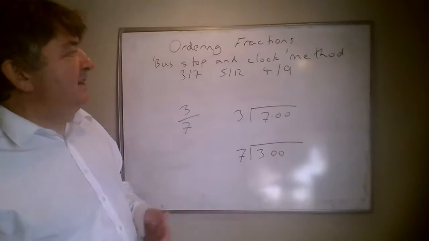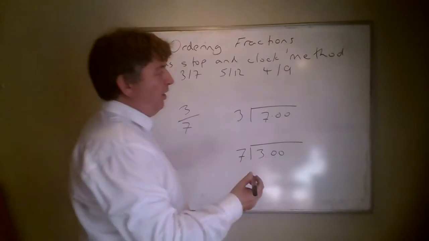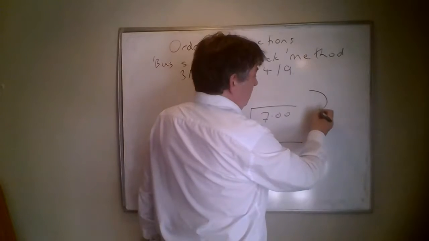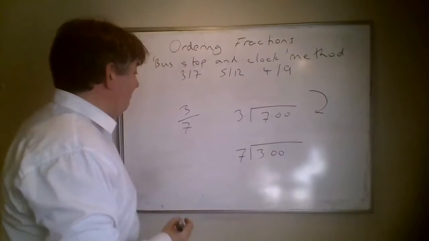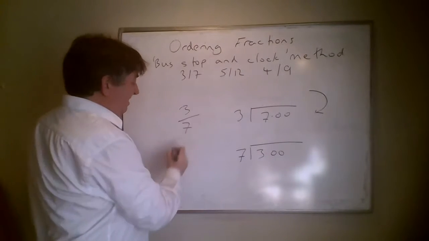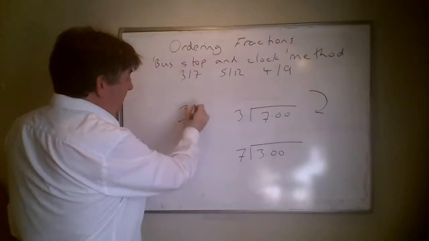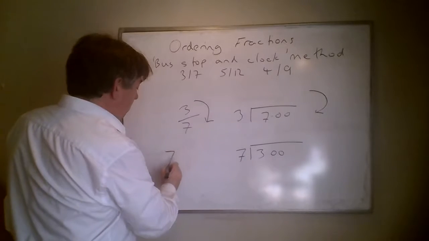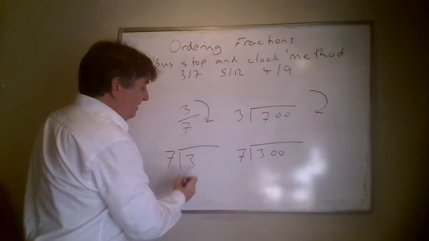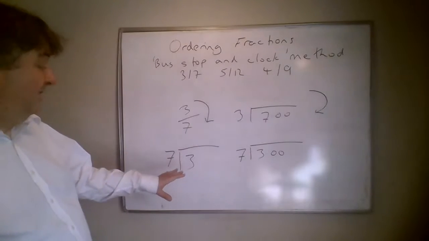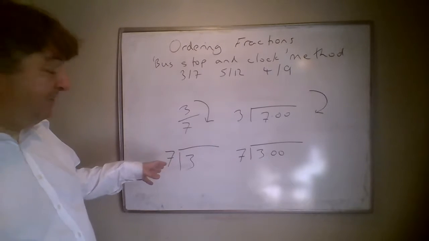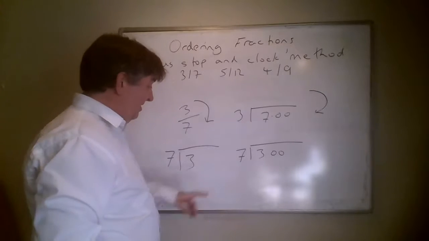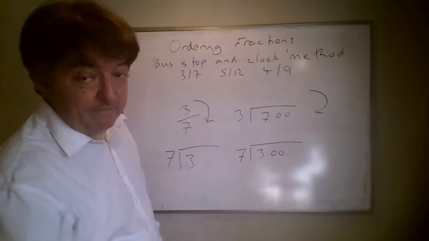This is why the bus stop and clock. When we have a clock, the clock goes clockwise. And likewise, when we look at the fraction, it goes clockwise. So when we're working it out, the 7 is outside the bus stop, the 3 is inside. So this is the correct way to do it.